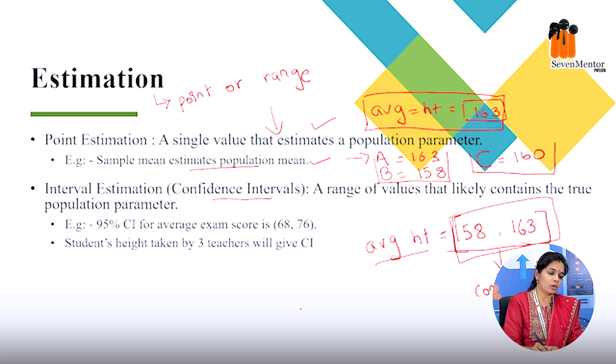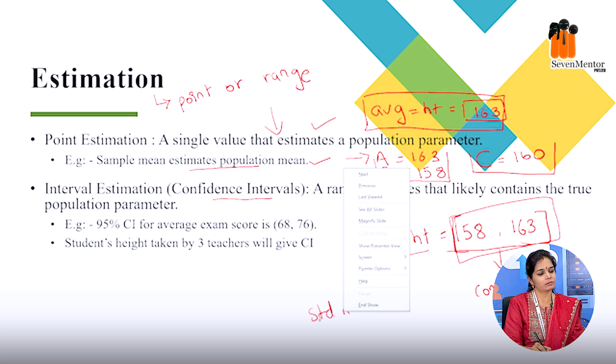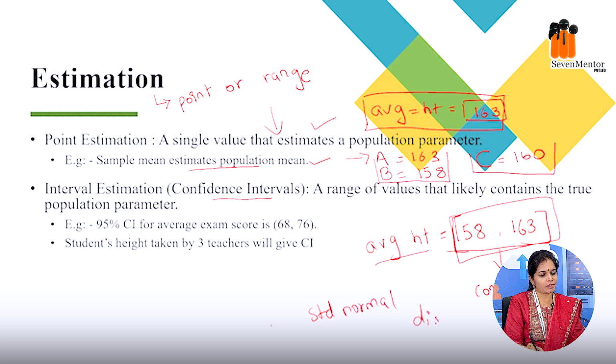Okay, so this was the example to understand. Also, I would like to correlate the standard normal distribution here. 95% of data falls in this confidence interval.